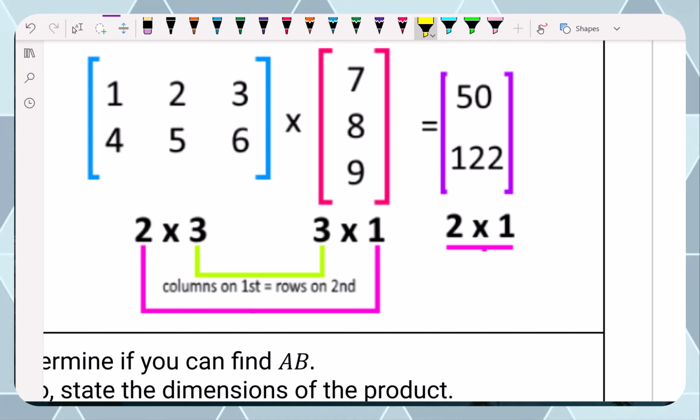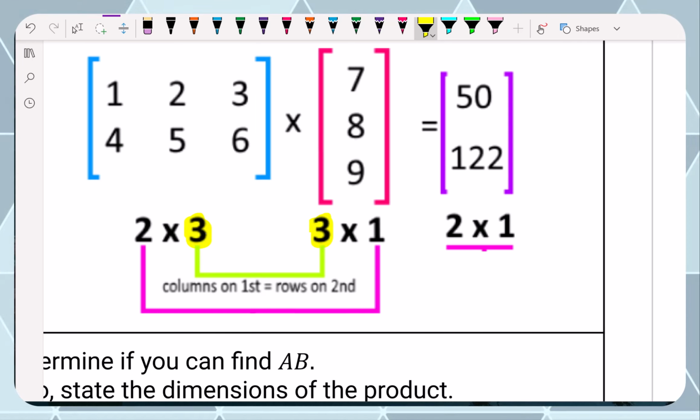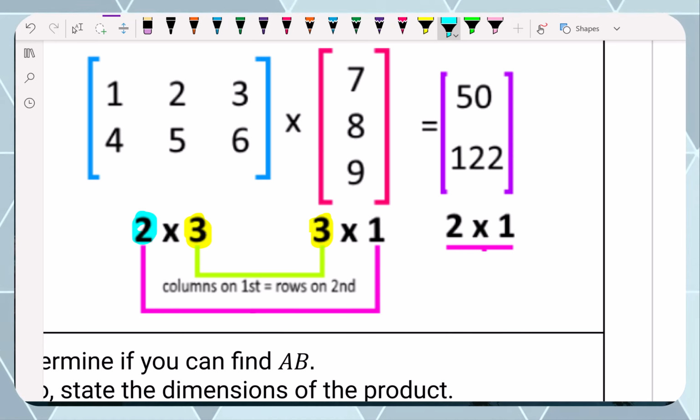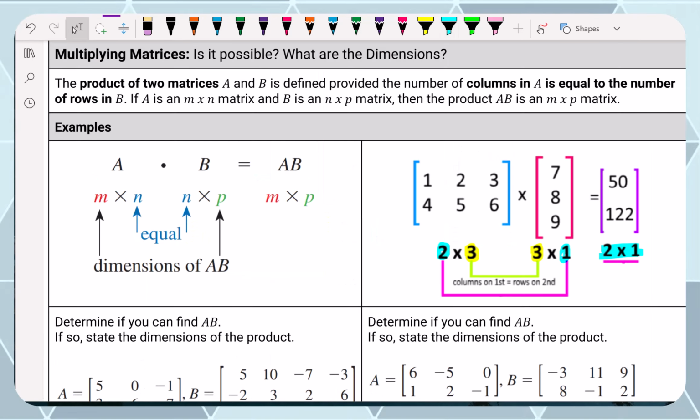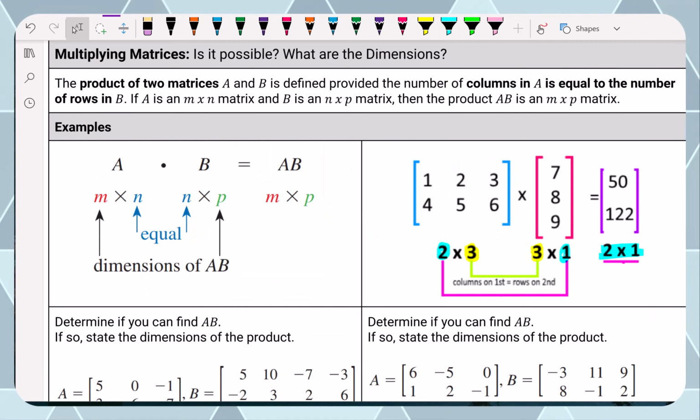If you write the dimensions right after each other, do you notice how you've got the same number of rows and columns? This would be columns in your first matrix compared with the rows of the second matrix. As long as those are the same, then your product is going to wind up being a 2 by 1, okay? If these two numbers are not the same, then you are not going to be able to multiply your matrices.